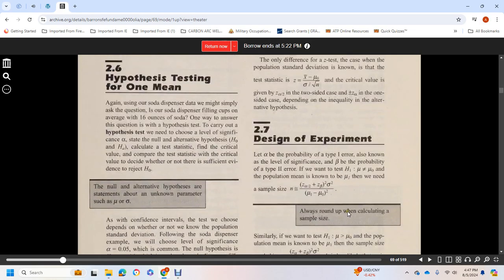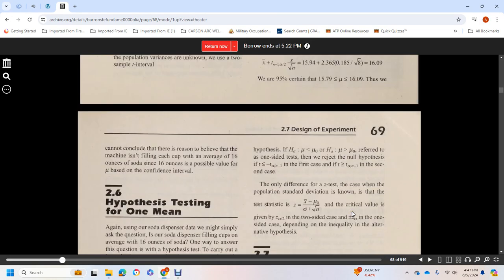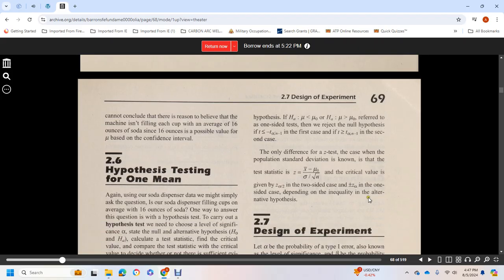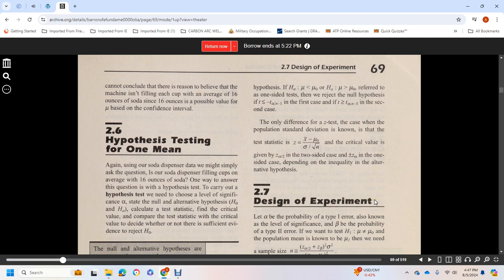In this example, we do not reject the null hypothesis. For a one-sided test, the null hypothesis is mu less than or equal to mu 0, and the alternative hypothesis is mu greater than mu 0. We reject the null hypothesis if the test statistic falls in the rejection region. In the second case, the only difference from the t-test is that the population standard deviation is known.